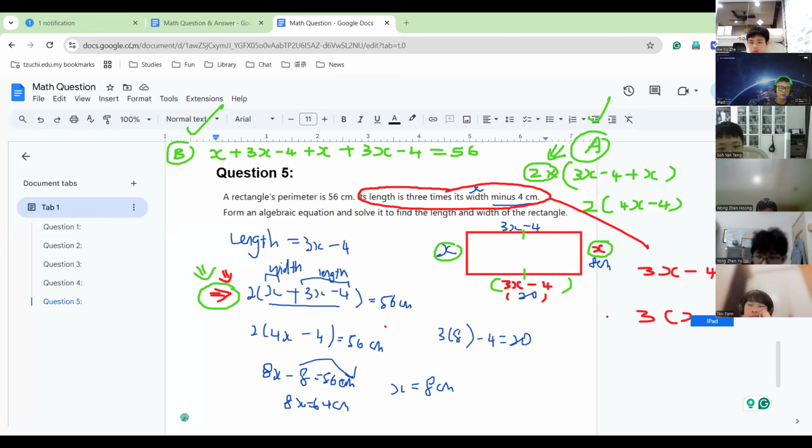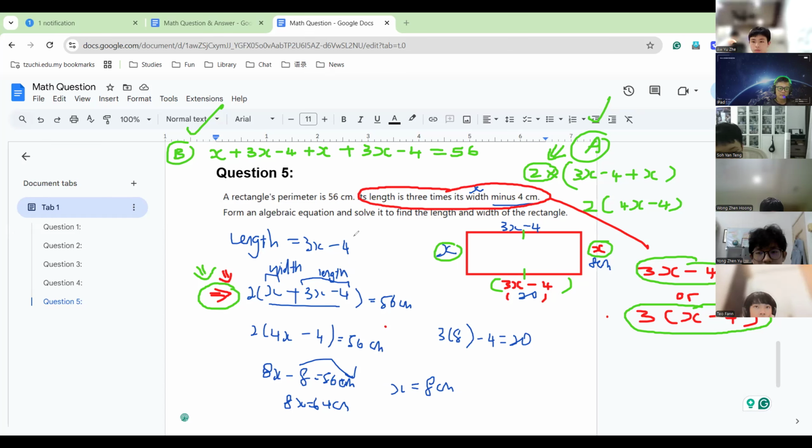So this is the question that I received. Anyone can answer based on this sentence. How come I know it's 3x minus 4 instead of 3 bracket x minus 4? You see? I look at the sequence of the sentence, and it says its length is 3 times its width, and it continues with the minus 4.